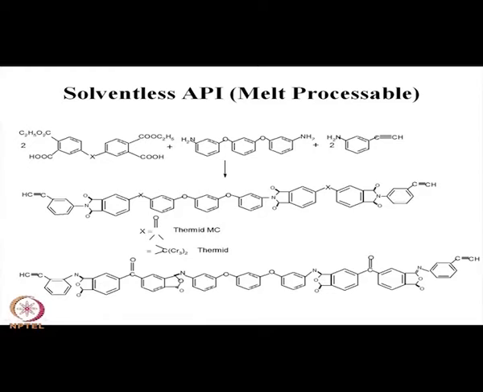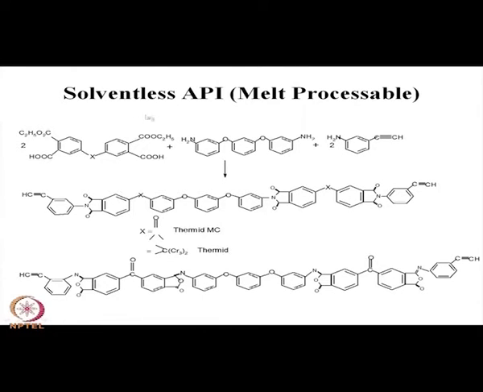So, if a process of composite preparation is without using any solvent, or solventless, then that is most acceptable in industry. So, people tried without using any solvent, that means they took the reactants and on heating, if those reactants can melt and if such chemical reactions can occur in melt condition, that is highly welcome.